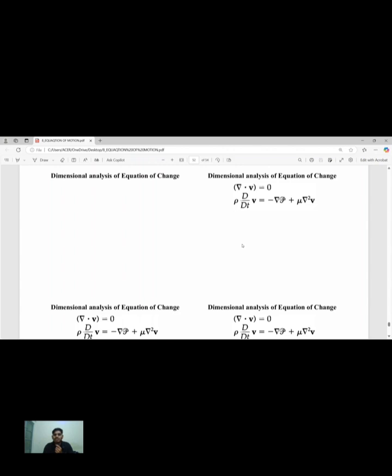Then we get the equation of change, which is rho dv by dt is equal to minus del p plus mu del square v. In this, rho denotes density, v denotes velocity, P, capital P, is the characteristic modified pressure, and mu is viscosity.